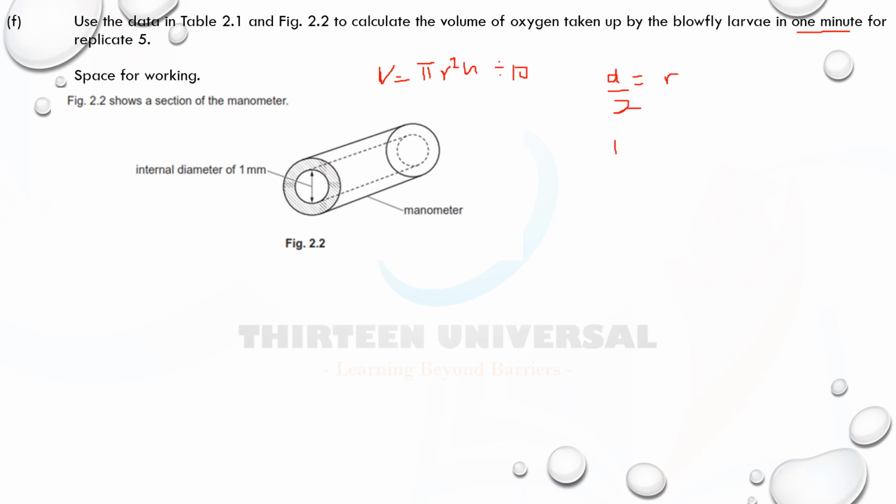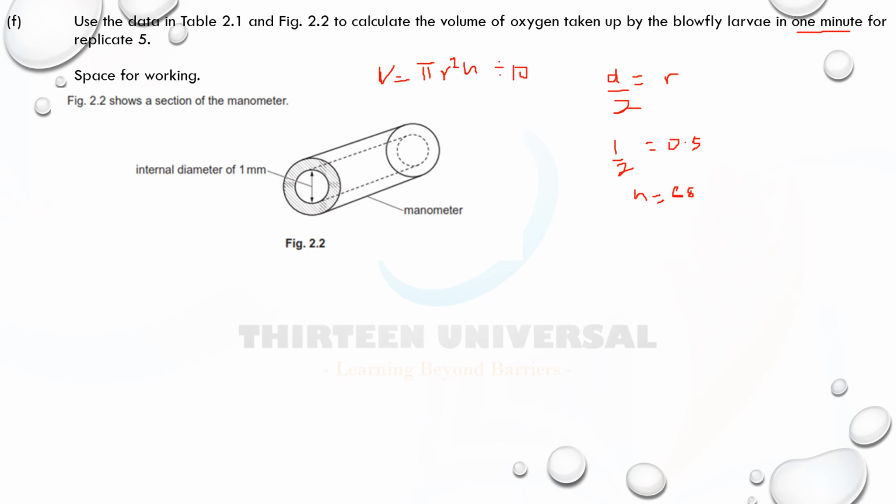Diameter divided by 2 gives us the radius, so 1 divided by 2 is 0.5. The distance moved by the meniscus, which in this case is h, is 68.